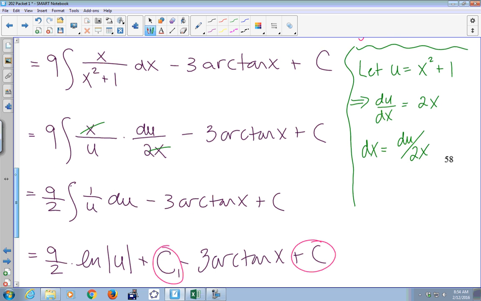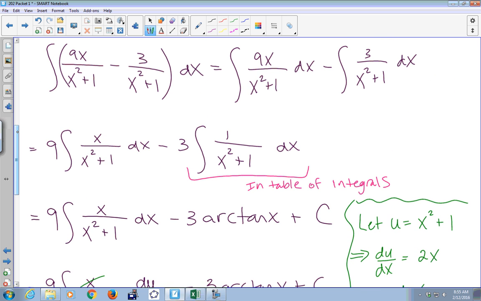And the way you do that is you look at your original integrand, x over x squared plus 1. You want to choose your u to be the most complicated thing possible whose derivative also shows up in the integrand. The reason I chose x squared plus 1 to be my u is because 2x is its derivative, and there's an x in my integrand.